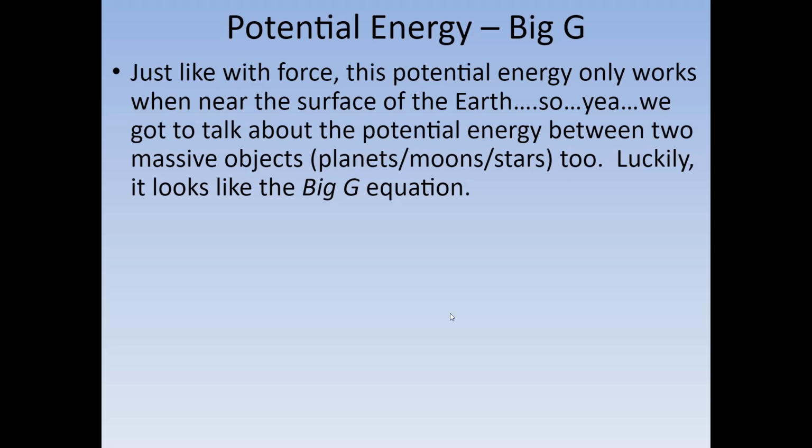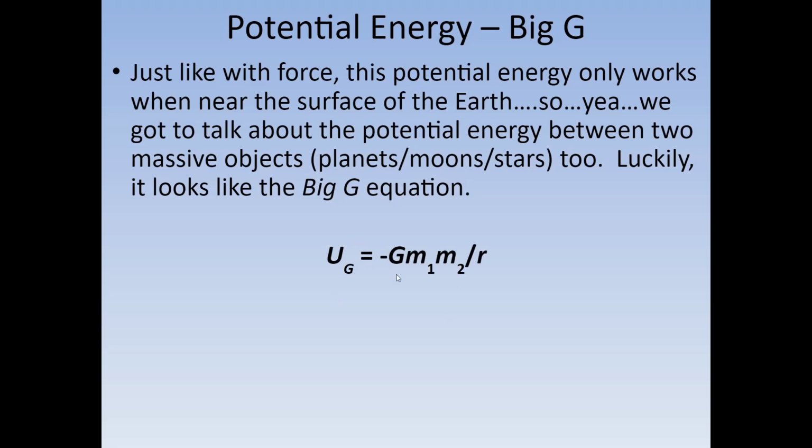So this equation will end up being used very similarly when we start talking about massive objects, if we want to know the potential energy between planets and moons and stars. And the nice thing about this is that it looks very similar to the big G equation, where it's G m1 m2 over r instead of r squared.